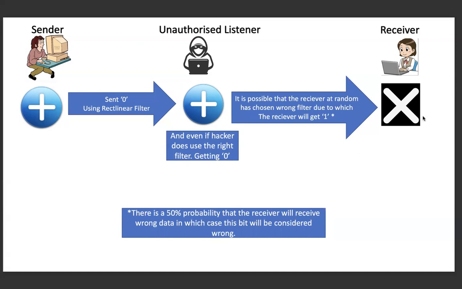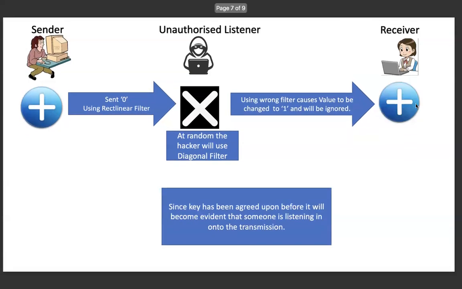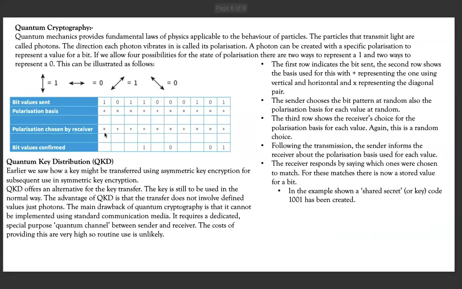So now, since I at random chose the wrong filter, I was wrong about choosing this filter. And this is, by the way, the initial stages. This data will still be ignored. Now, this is taking place here. So let's just say this data is being sent to the receiver, and the unauthorized user is listening into this and gets the same filter as this one.